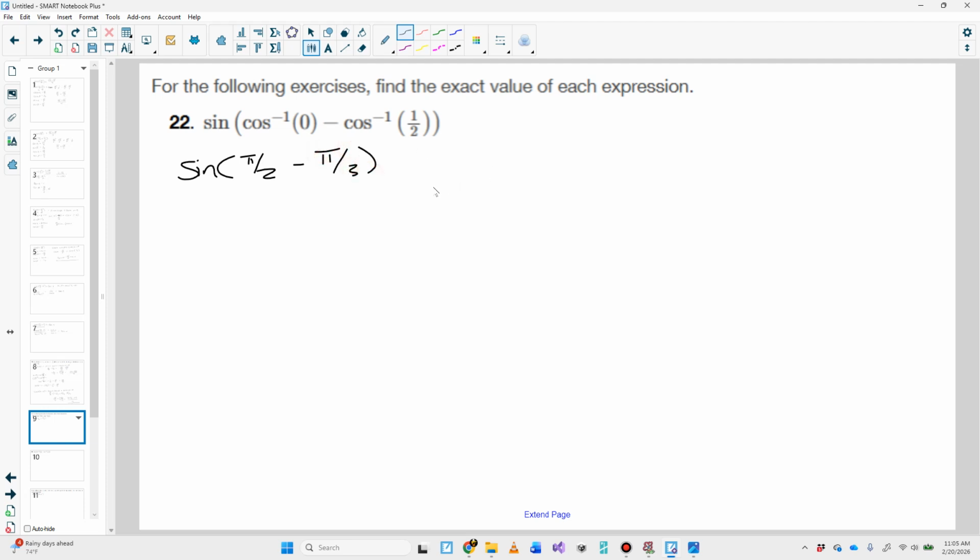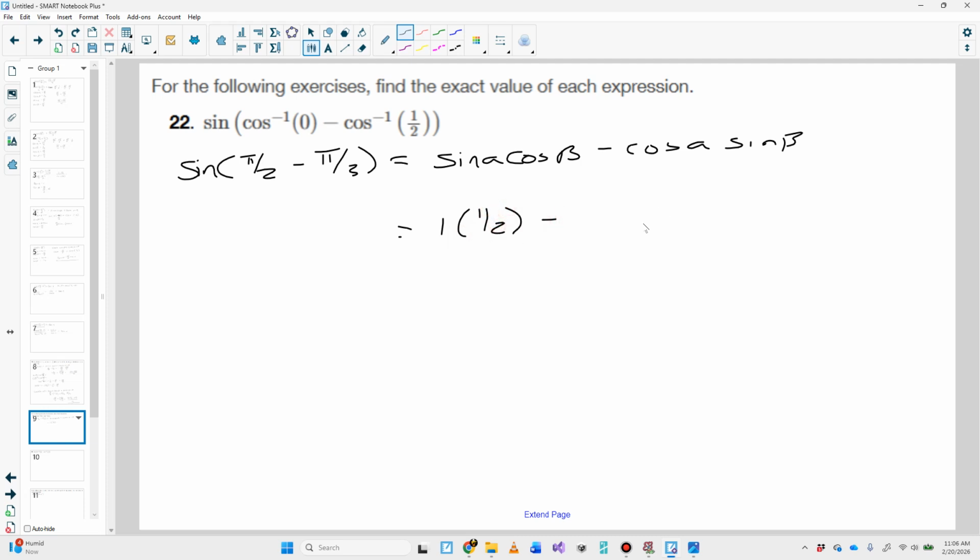And it's as simple as solving for this difference, which is the sine of alpha cosine beta minus cosine alpha sine beta. And we need to find all of that information. So sine of alpha, which is pi over 2, that is in fact 1. And the cosine of beta, which is pi over 3, is going to be 1/2.